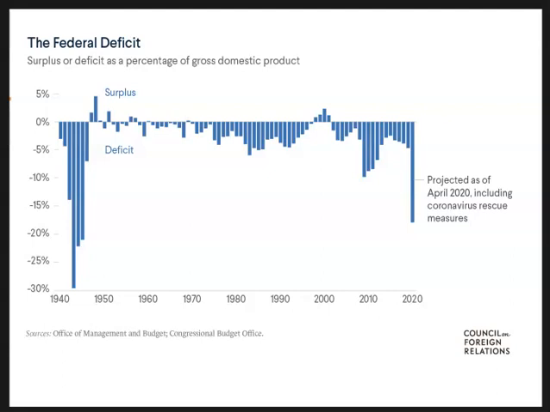Measuring both deficits and debt as a proportion of the GDP is a standard way of comparing spending over time, since it automatically adjusts for inflation, population growth, and changes in per capita income. The pandemic is on track to increase the debt because of the economic damage it is causing, as well as because of the measures taken in response.